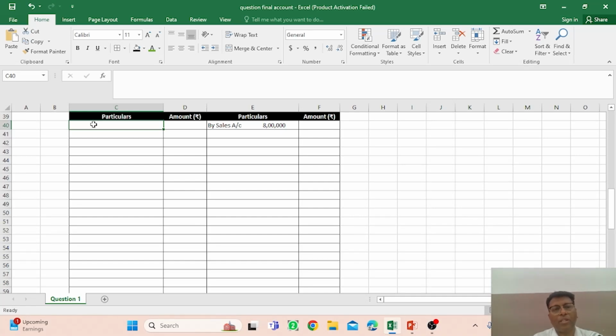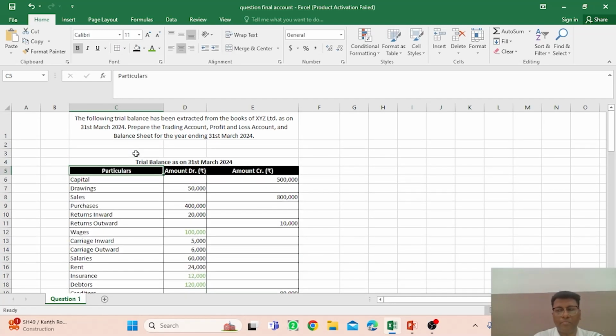But in this question, the opening stock is not mentioned, so we directly write purchases, right? Now how much amount? 4 lakh.